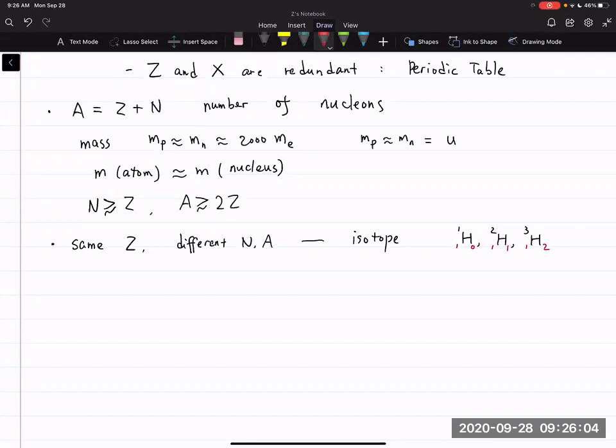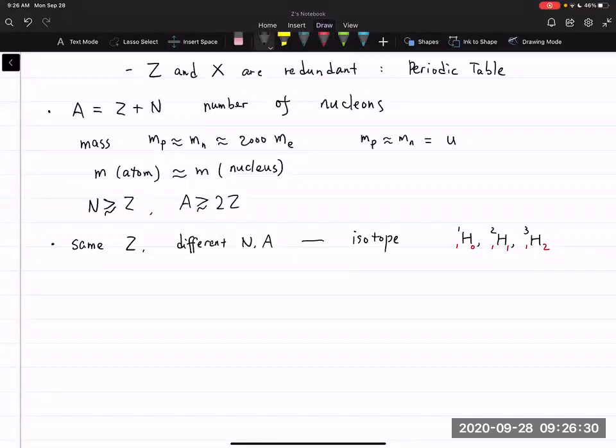As long as we write down this black part, the chemical symbol and A, then we can find out the other 2 numbers. We don't need to write them down. So for this series of elements, they have the same Z. That's why all of them are hydrogen, they have the same chemical properties, but they have a different number of neutrons. Then we call them the isotope.